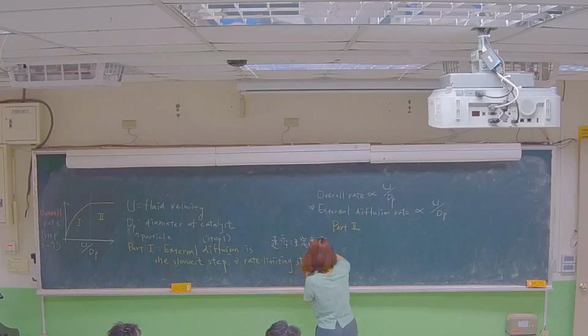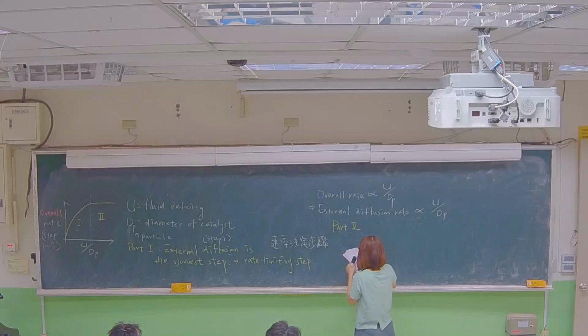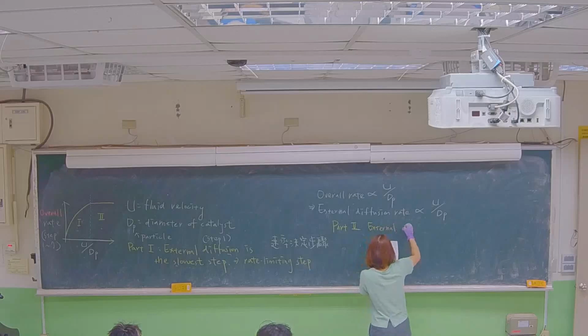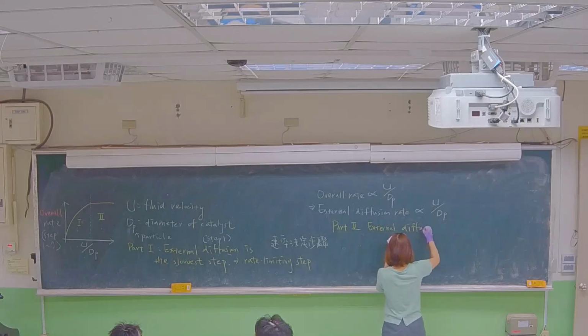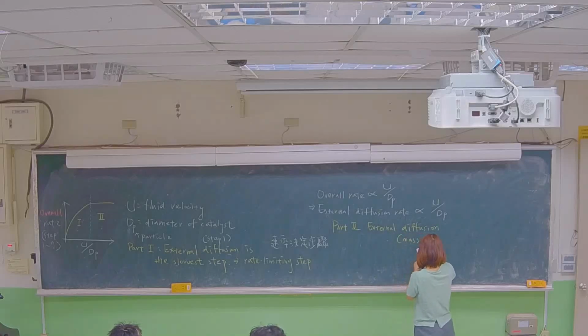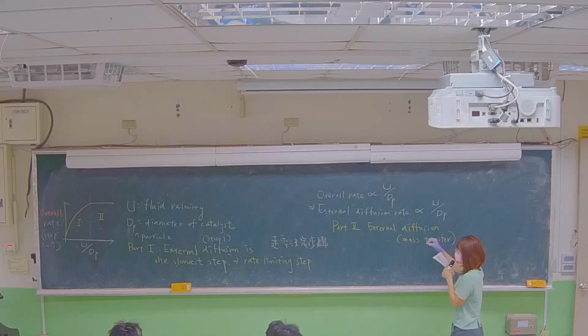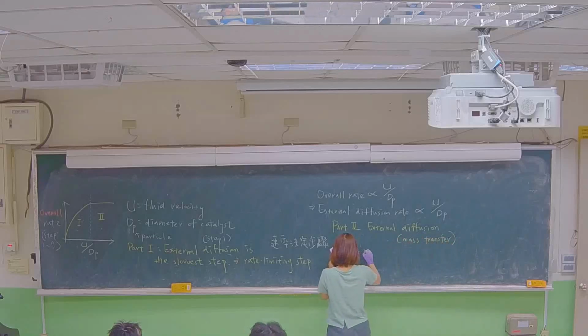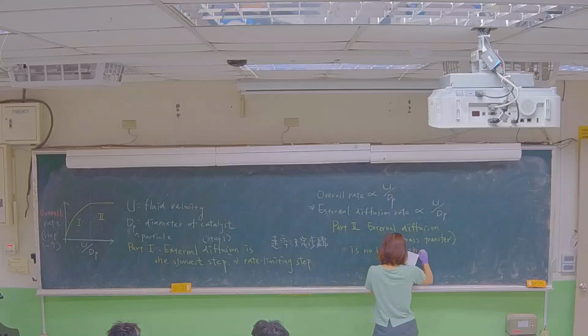So part 2, external diffusion, or in the figure you can see that is external mass transfer, is no longer the slowest step.